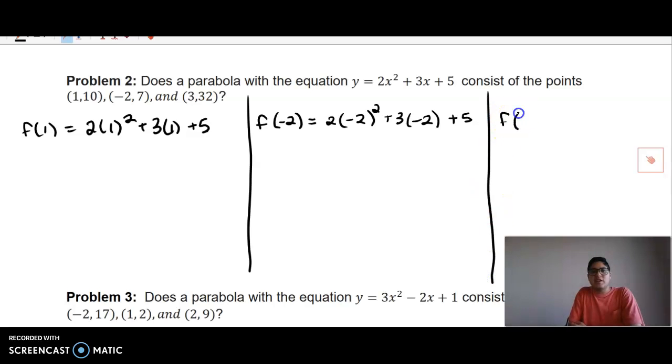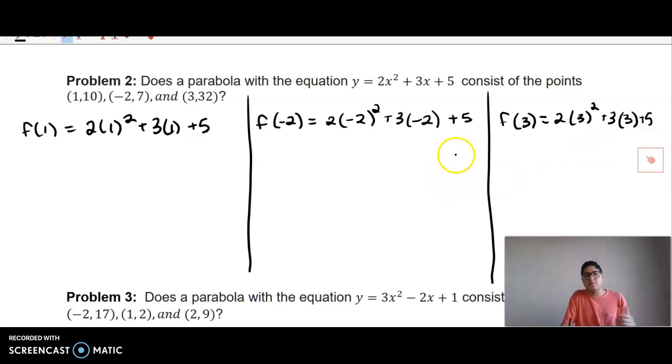And then the last one here, f of 3. So anywhere I see an x, we'll replace it with a 3. All right, so go ahead and pause the video, try it out for yourself, and then we'll come back together so that you can attempt to verify your work. Give yourself maybe 3 minutes to try this out.